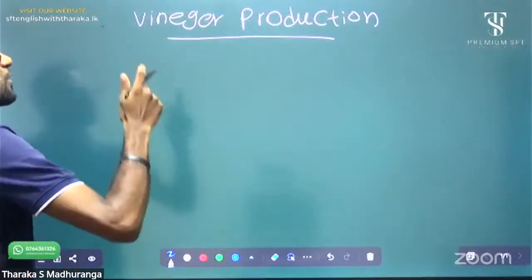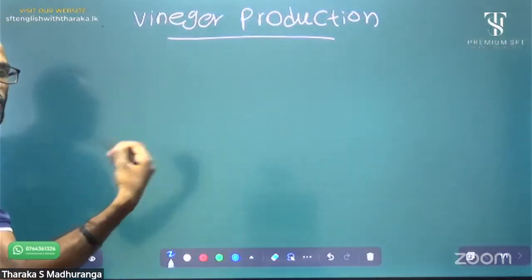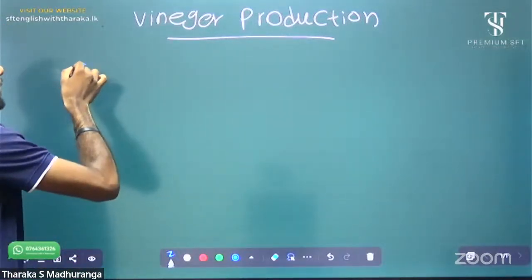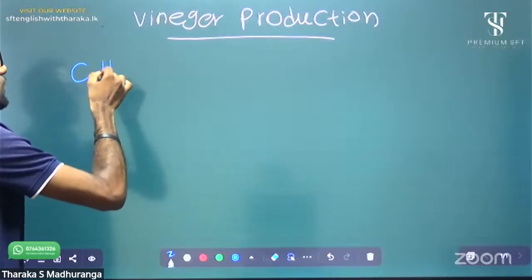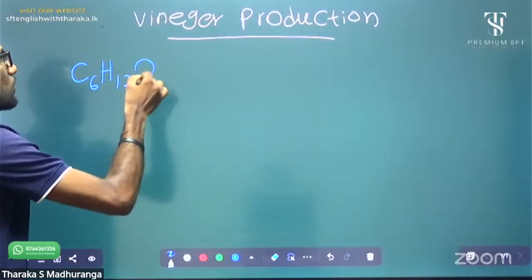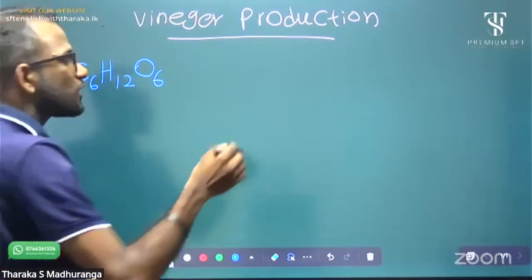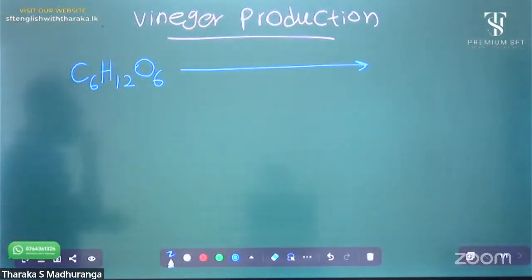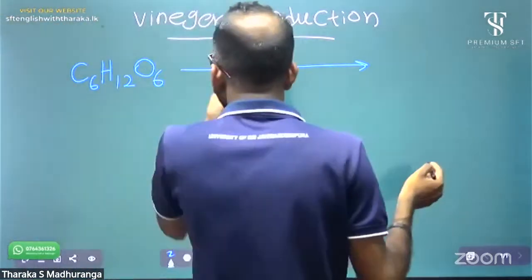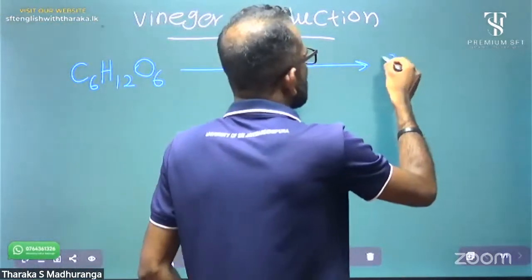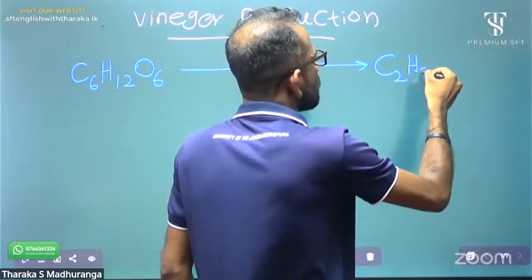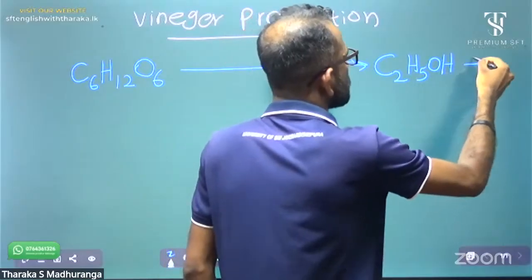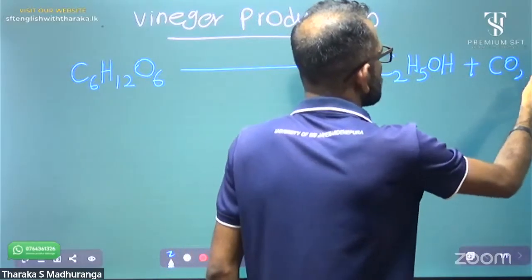The first thing, any sucrose or glucose media, C6H12O6, is first converted into ethanol, C2H5OH, plus CO2.